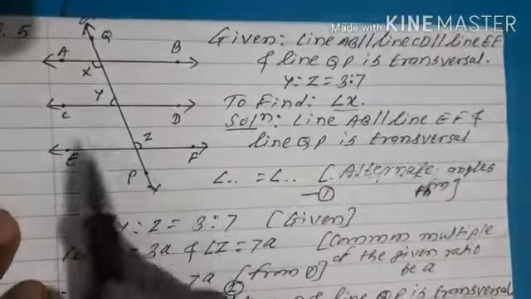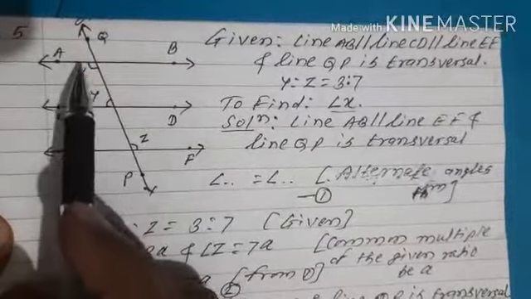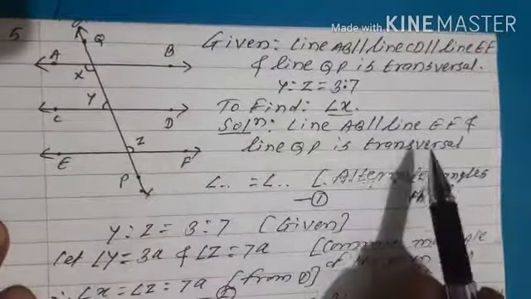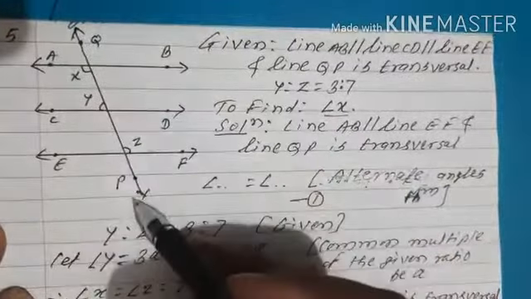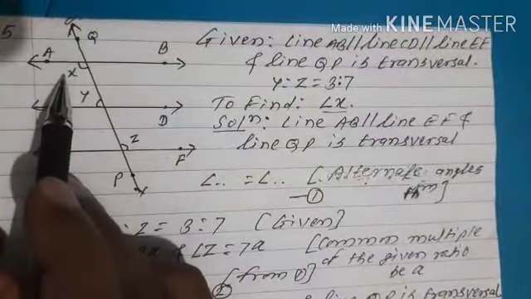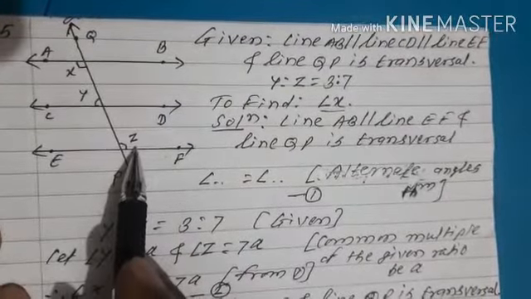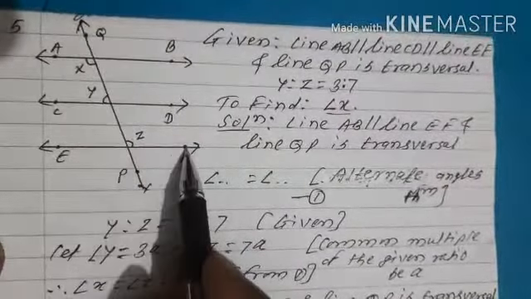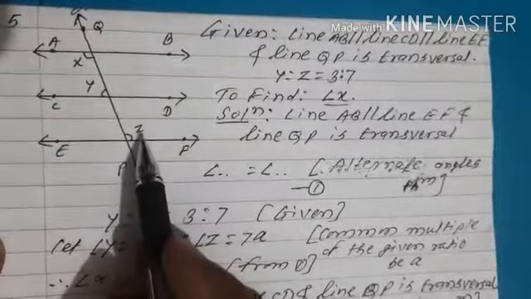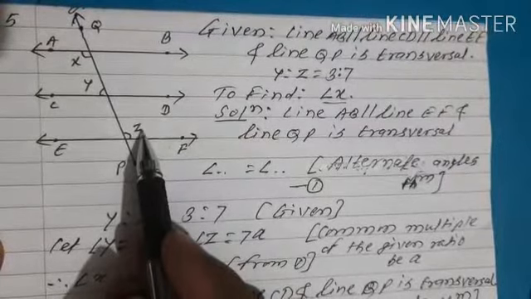Now if you observe in the figure, line AB is parallel to line EF, this is given, and if you take QP as a transversal, then angle X and angle Z are alternate angles, and these are equal.